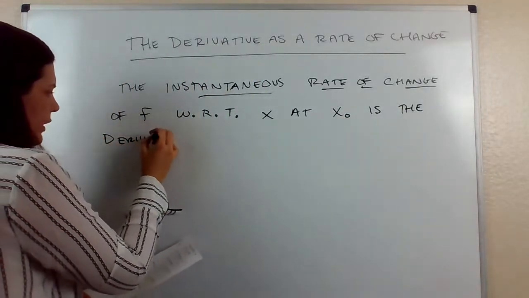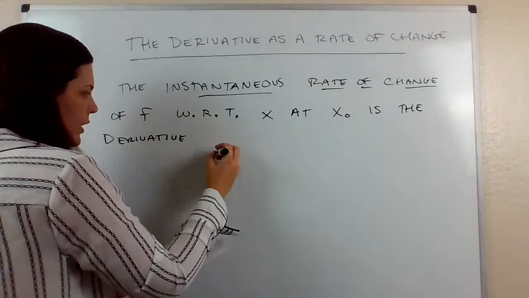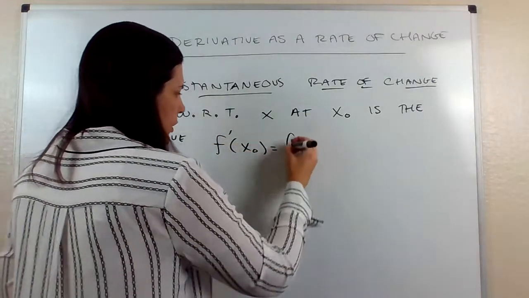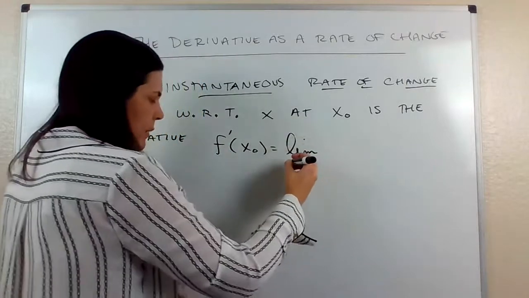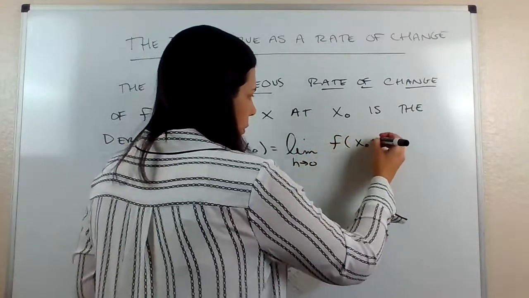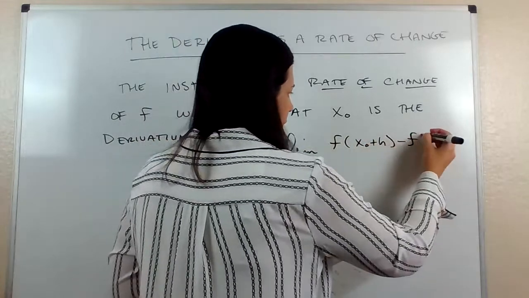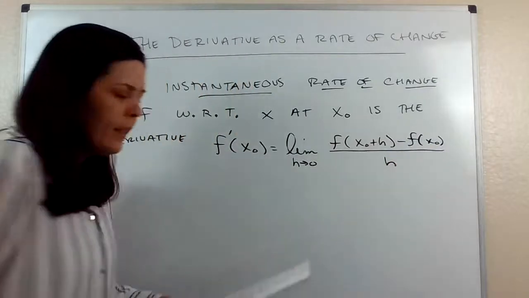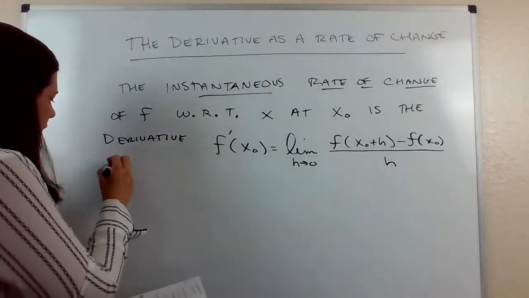So it is f prime of x naught, which by our limit definition is the limit as h goes to 0 of f of x naught plus h minus f of x naught all over h, provided this limit exists.